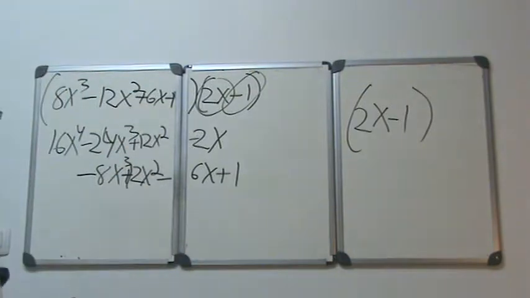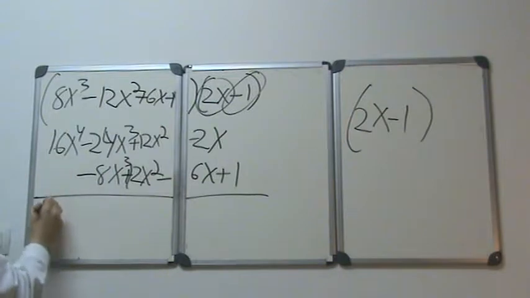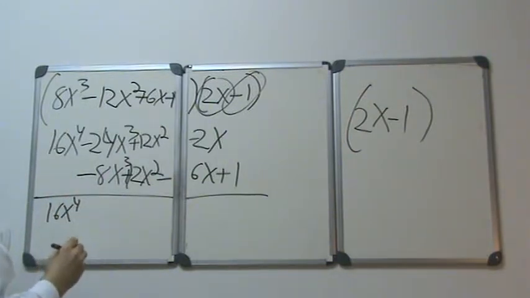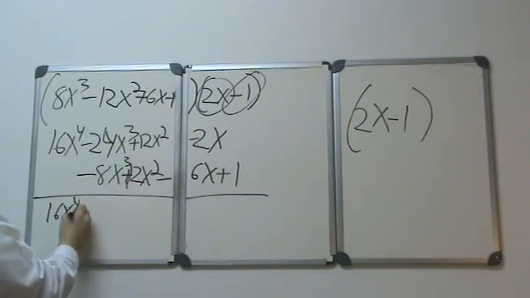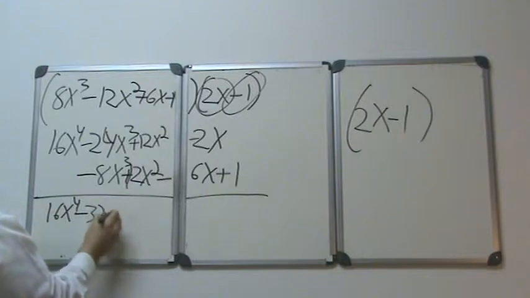Now we have to add this all up. We add this all up, we get 16x to the 4th power and minus 24 and 8 is 32.